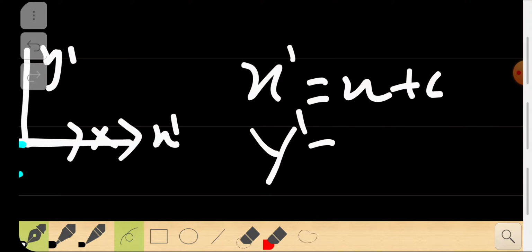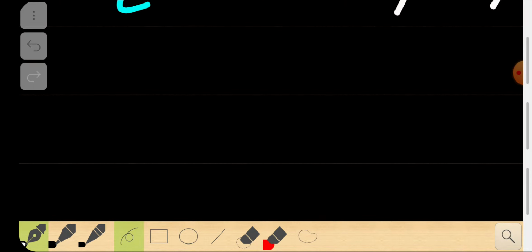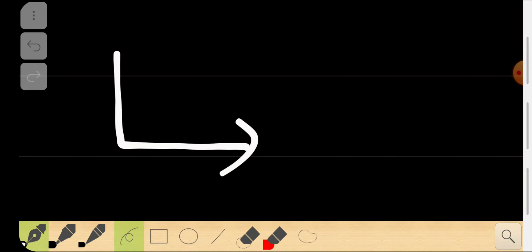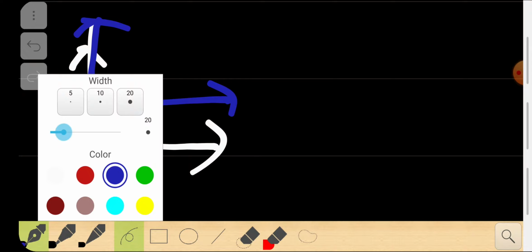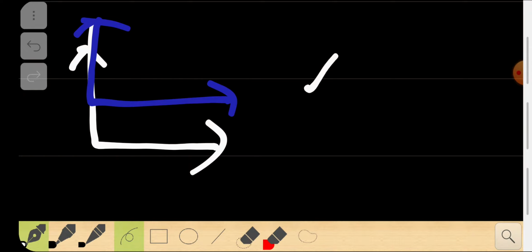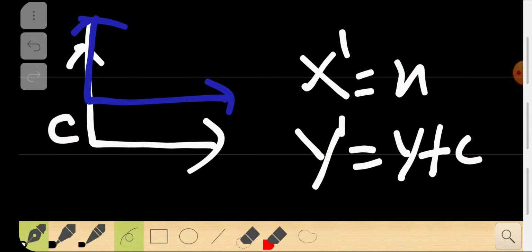Y dash will be the same, y itself, because there is no change in the y axis. Similarly, if the new coordinate system is shifted along y, then x dash will be x itself, and y dash will be y plus some constant c.